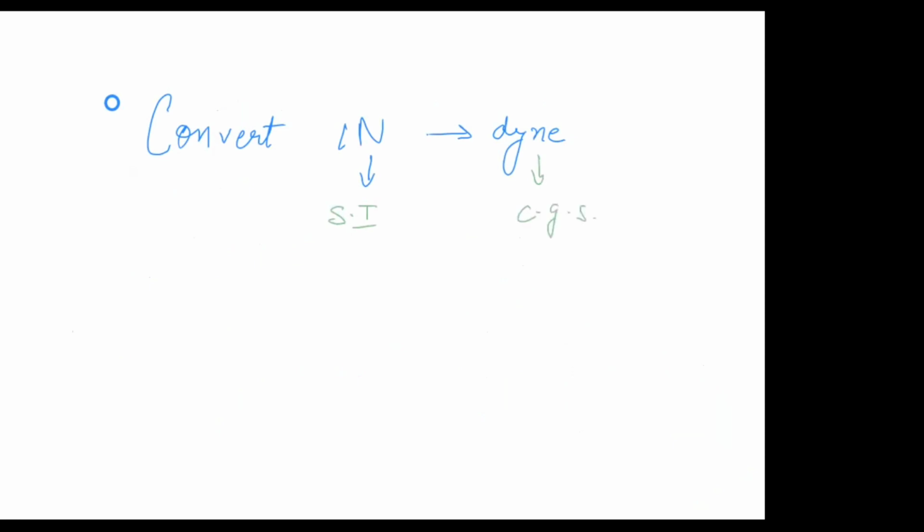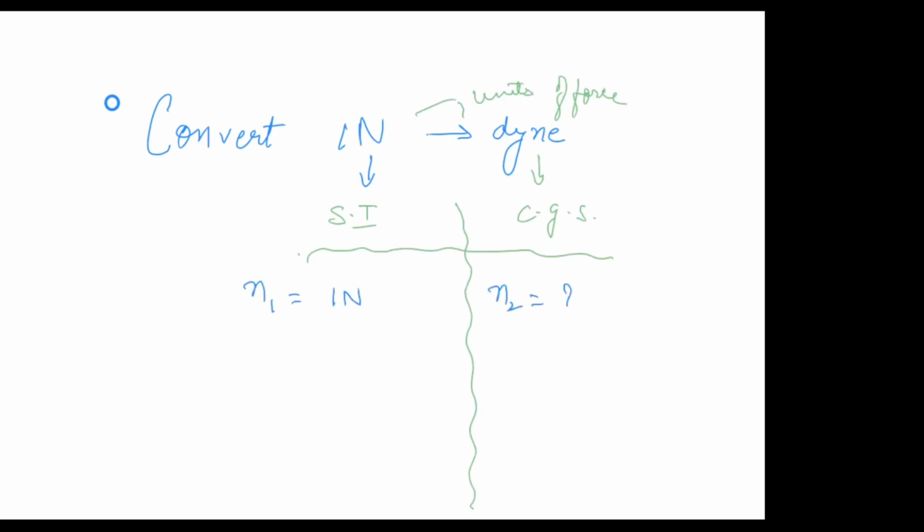Both are units of force in different sets of units. So, in the case of SI, N1 is given to be 1 Newton. N2 is not known to us.